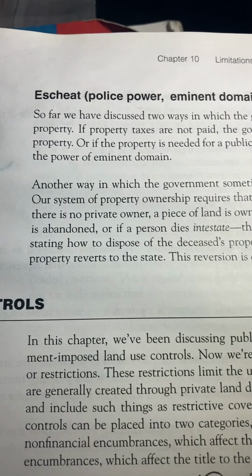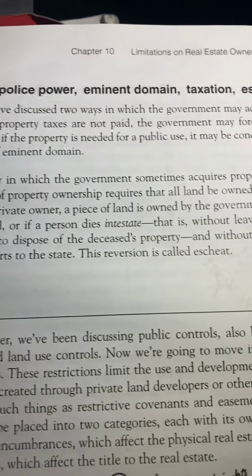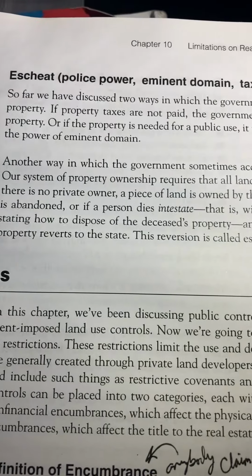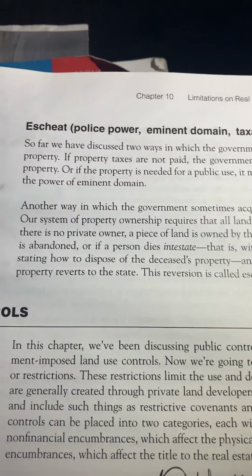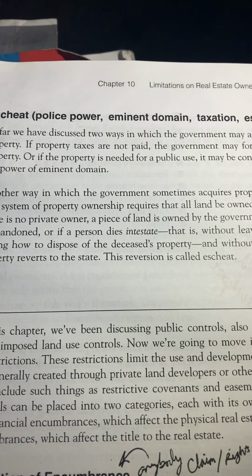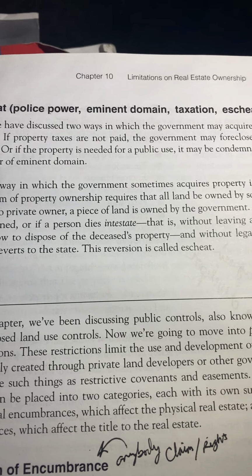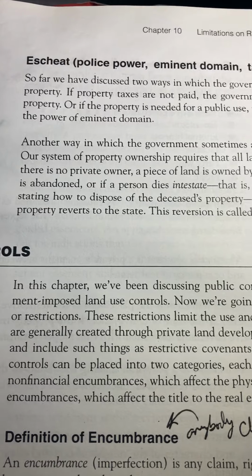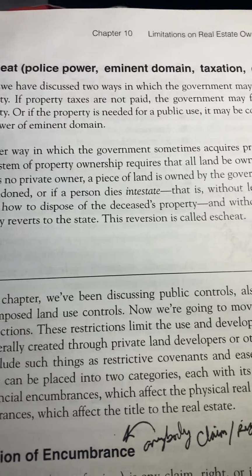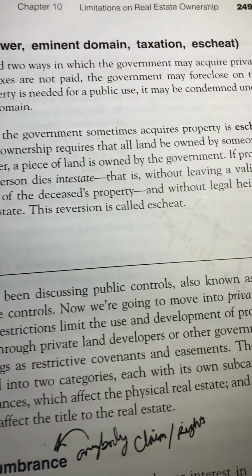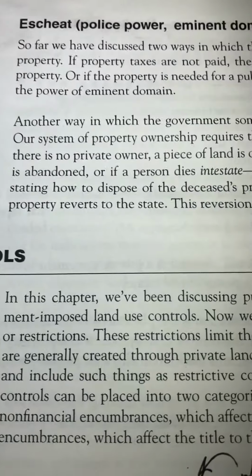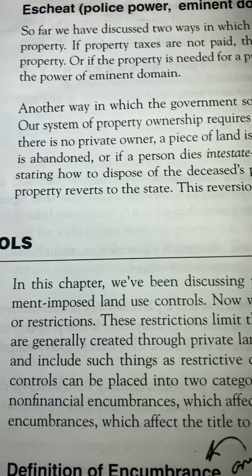So far, we have discussed two ways in which the government may acquire private property. If property taxes are not paid, the government may foreclose on the property. Or if the property is needed for a public use, it may be condemned under the power of eminent domain.